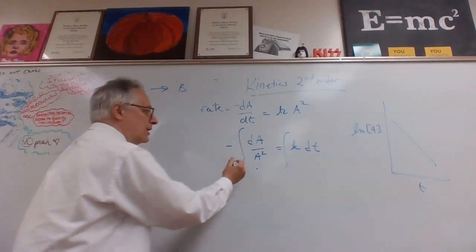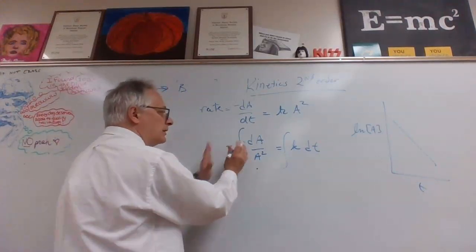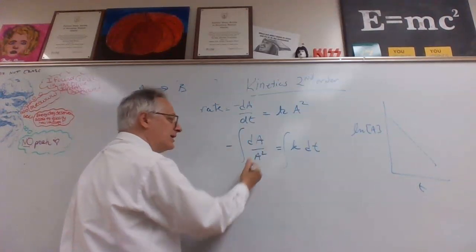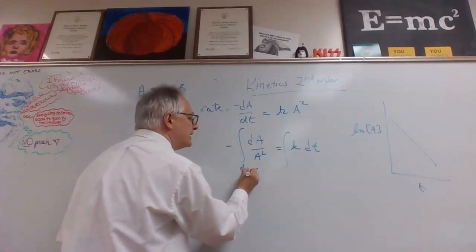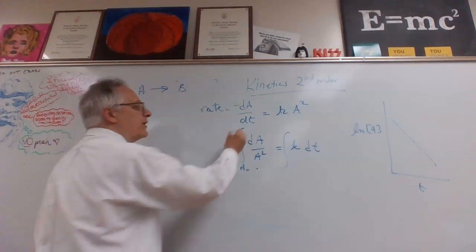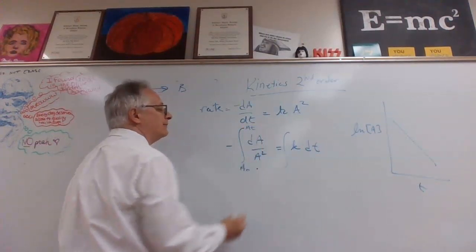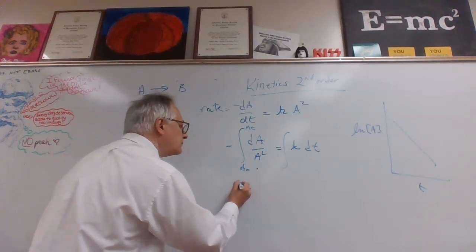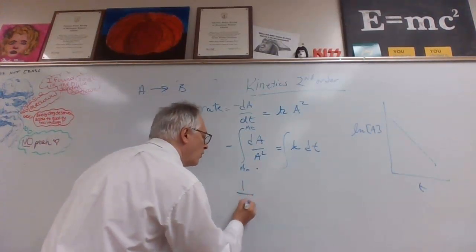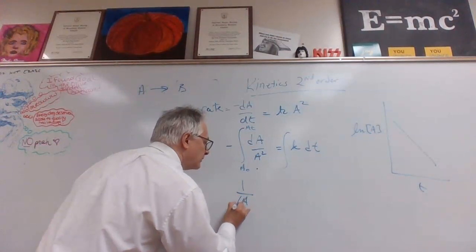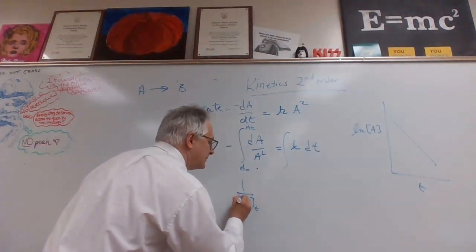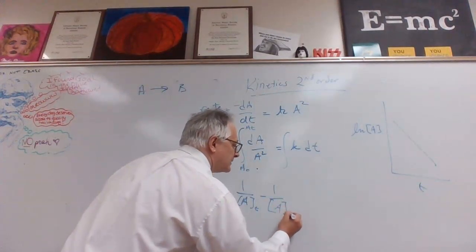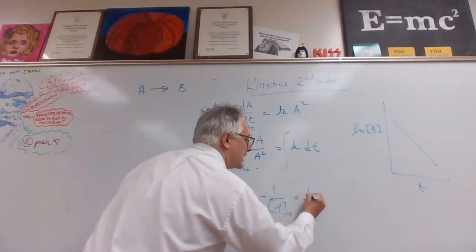We can say, whoa, I'm going to look at this process of integrating between A at time 0 and A at time t. So what you end up with is this. This is going to be 1 over A, I'll put the brackets back here, at time t, minus 1 over A at time 0 is equal to kt.